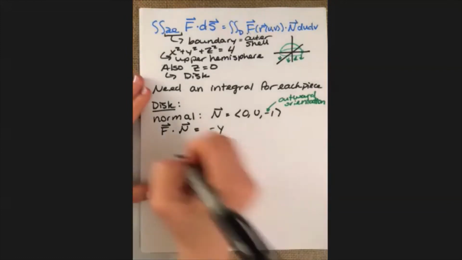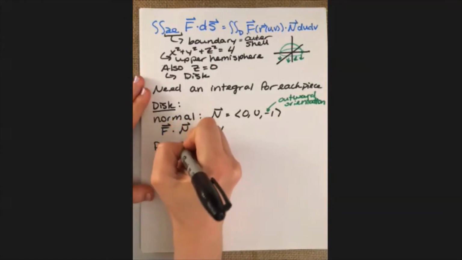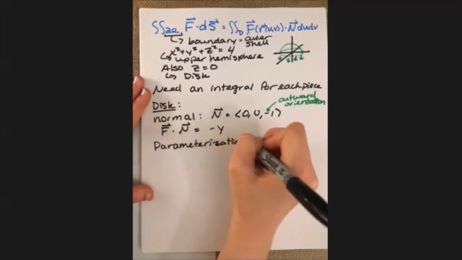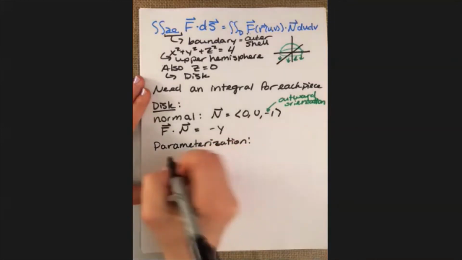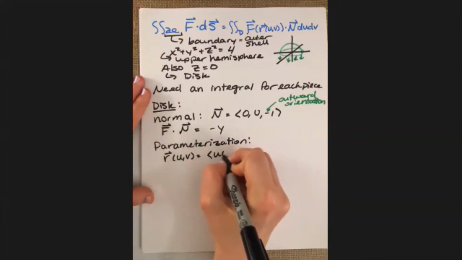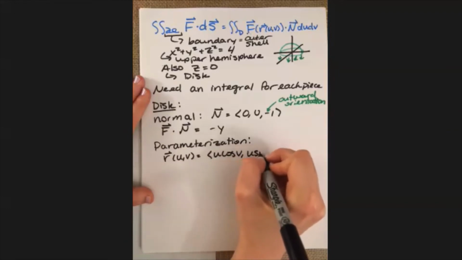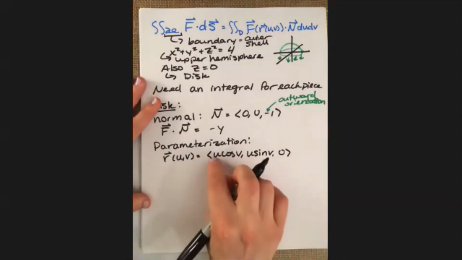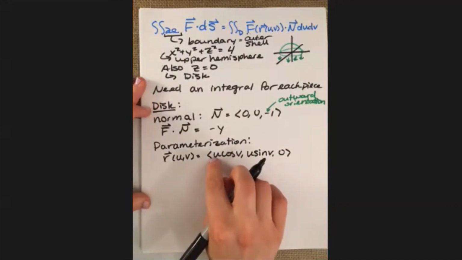But if we wanted to parameterize our disk, since it really is just a disk, we can treat it like a circle, and we're going to get r of uv equal to u cosine of v, u sine of v, and we have 0 in the z component since it's flat in the xy plane. And our radius u is going from 0 to 2.